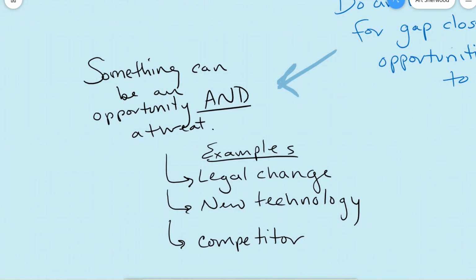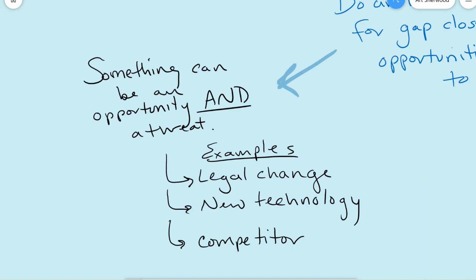And the last thing I'll say is that something out there in the external environment can be both an opportunity and a threat simultaneously. So for example, a legal change could be coming down the road. You notice this, that's a thing. And if the organization takes steps to comply with that legal change before other people do, then that might become an opportunity.